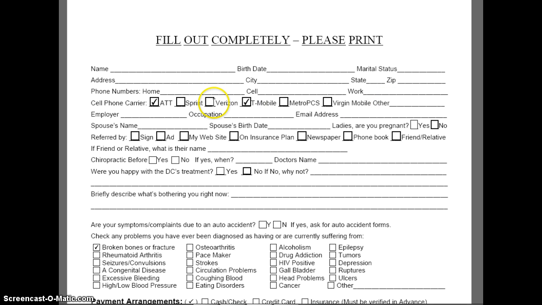Now again, as we tab, there are areas in the form where it may jump out of sequence. Now these are going correctly. Now see, it jumps from friend or relative down to chiropractic before the friend's name.